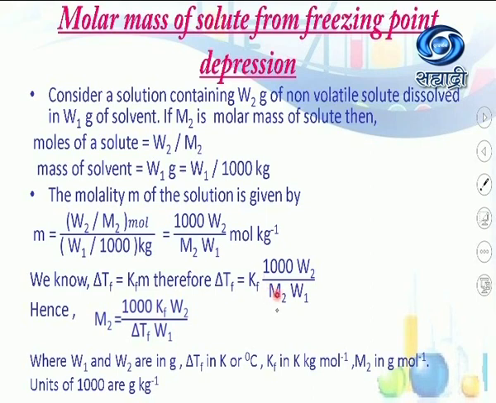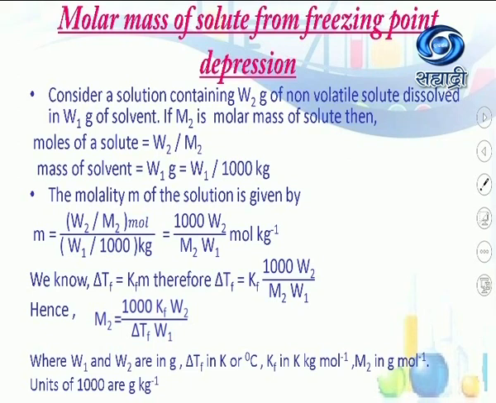Let us shift this M2 term to the left hand side and bring this delta Tf term to the right hand side. When we change the side, this delta Tf term will go in the denominator and the M2 term will go in the numerator. So M2 is equal to 1000 into Kf W2 divided by delta Tf into W1.